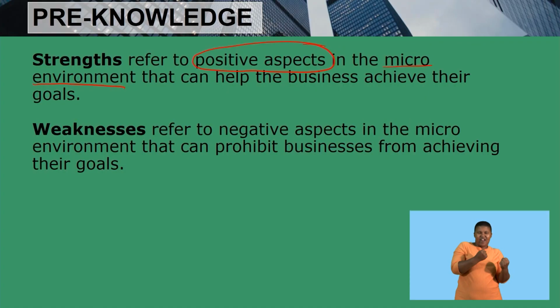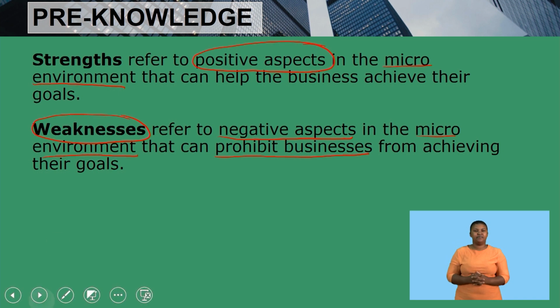Then our final concept you should be familiar with is the concept of weaknesses. Now when we refer to weaknesses, this is quite the opposite of strengths. It is anything that will have a negative effect on the achievement of our goals. So it's any negative aspect found in the micro environment, and this will be anything that prohibits the business from achieving our goals. So it will try to keep us from being successful. So these two concepts should be familiar to you, but we will address them later on in the lesson.